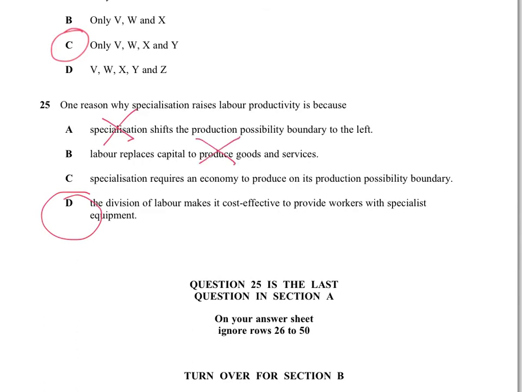Nowhere in the question does it tell us that labour is replacing capital. Specialisation requires an economy on its boundary. Specialisation would hopefully push an economy onto its boundary, but it doesn't require it to happen. The answer is, if you know workers are specialising in particular jobs, you can then give them the specialist equipment to go with those jobs.